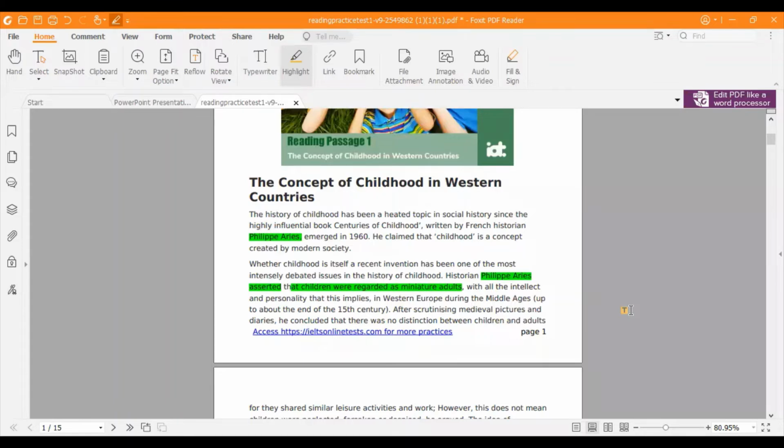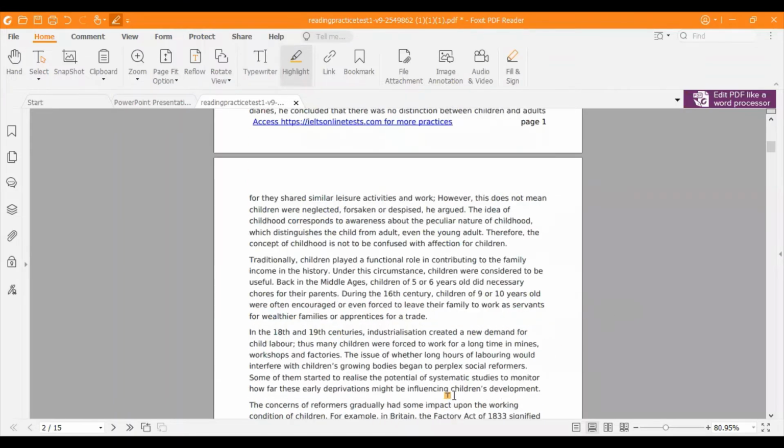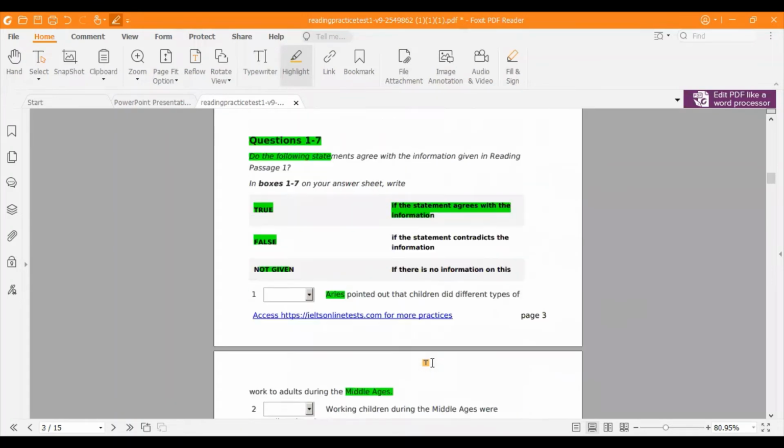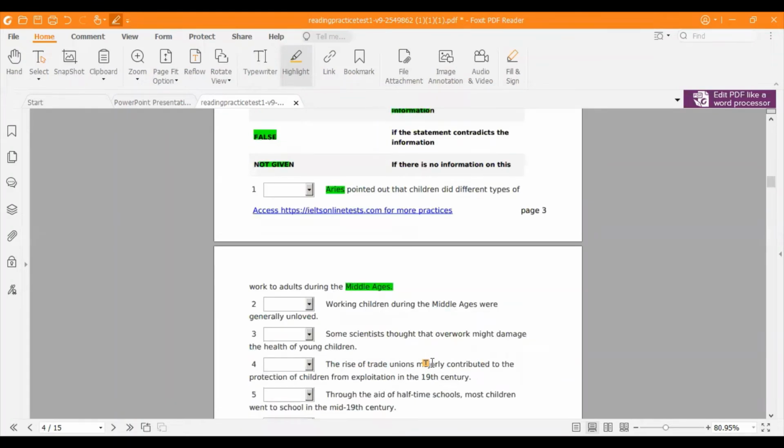So he did assert in the book that children were regarded as miniature adults, but here the statement says he pointed out that children did different types of work to adults.